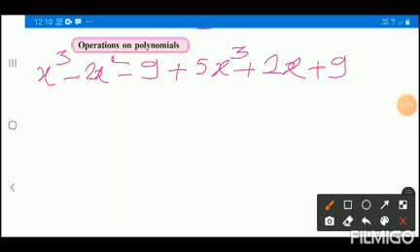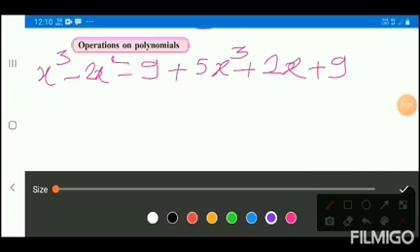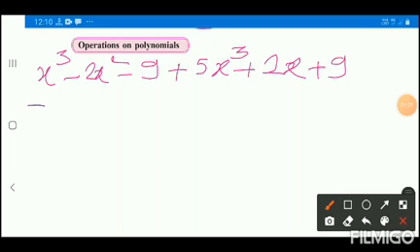Now look at how to add these polynomials. First of all, you have to write the like terms together, in the descending order of the indices of the polynomials. Now x cube is the first term, and another like term of x cube is 5x cube.